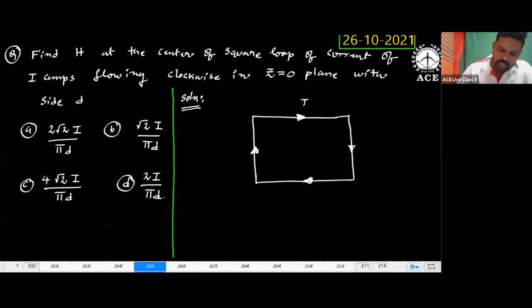How much is the current? I amperes. How much is the side? Side is D meters.